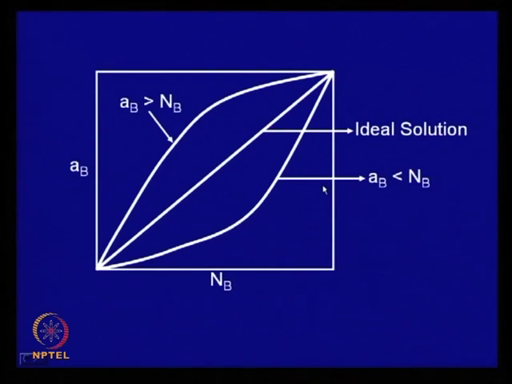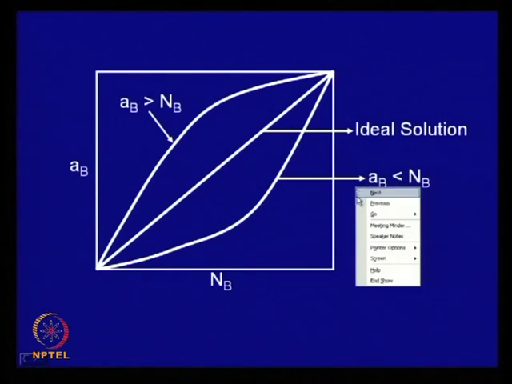We will learn about this later in a little more detail, but one is called clustering, and you have the reverse deviation in case of ordering.